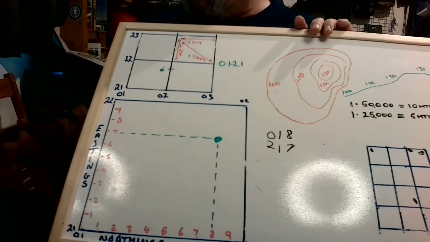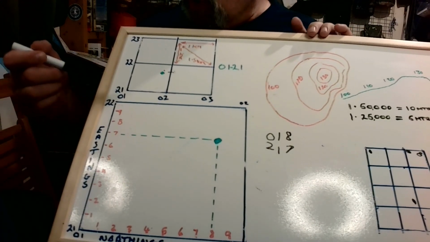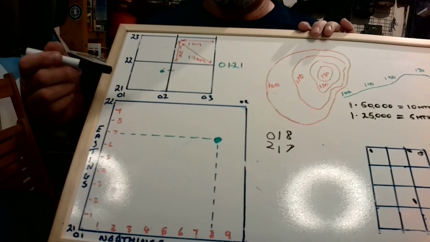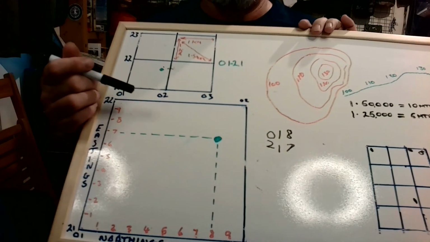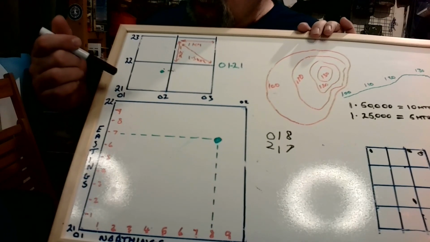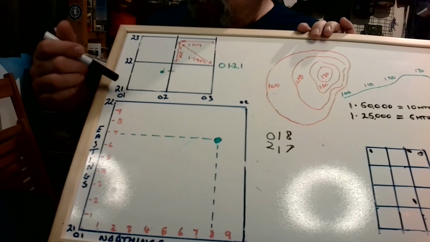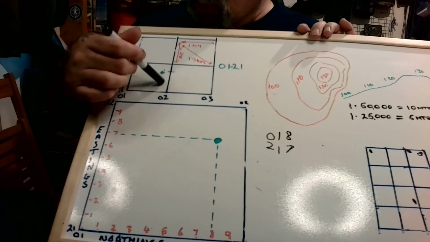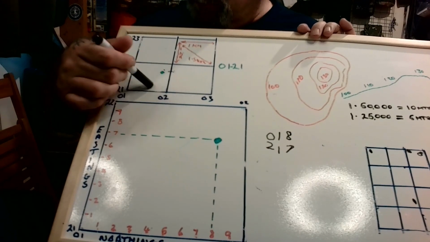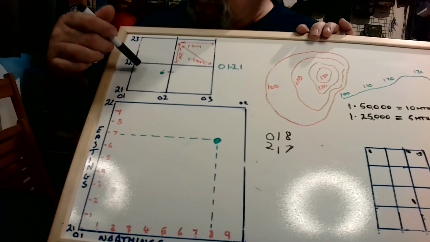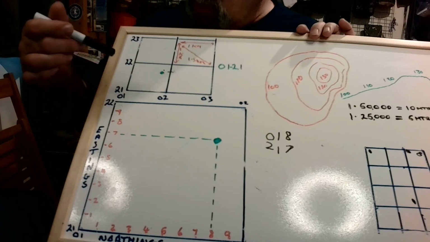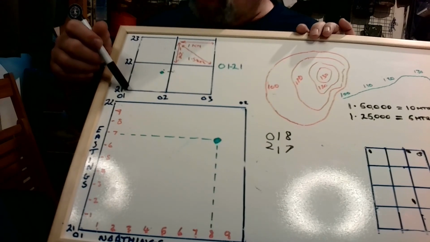I am lost and I have a map and I can give you a 4-figure grid reference, which is the most basic reference that you would ever give somebody. So I need to know what this square is. Now it's a kilometre square. So to start off with, I need to know what that square is. And it's quite simple. Bottom left-hand corner of the square.